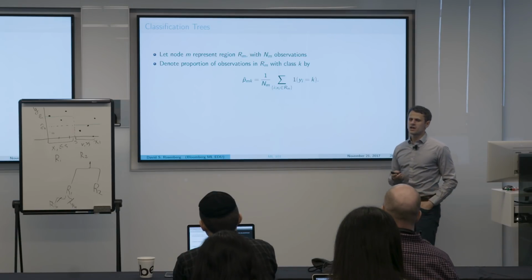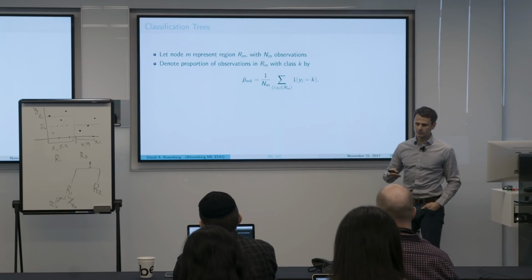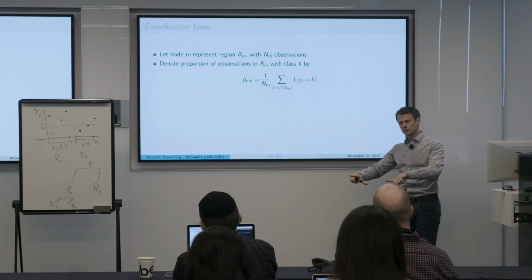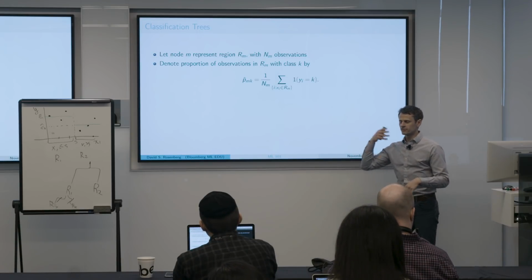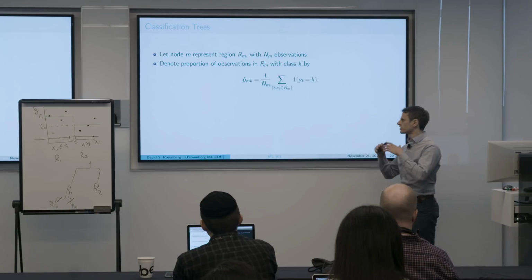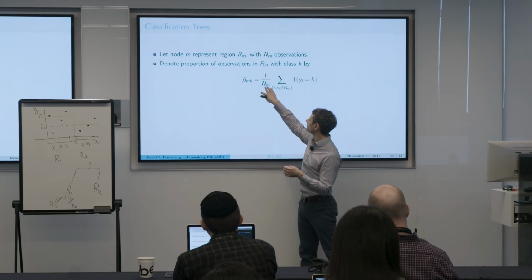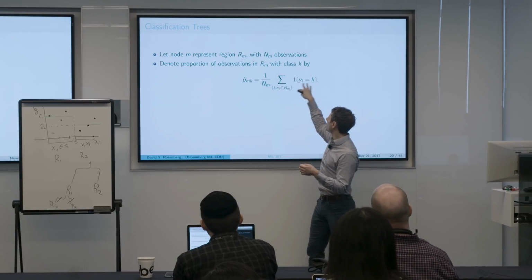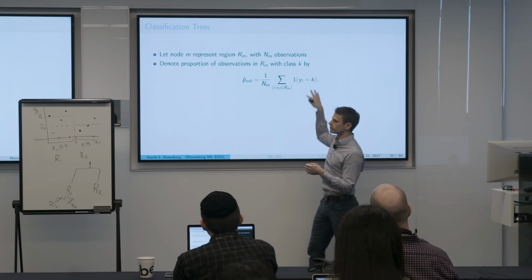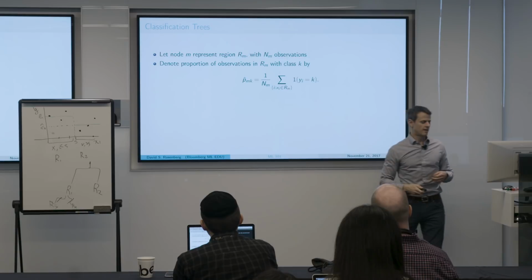So p hat mk is the fraction of training examples that fall into the region m that have class k. So among all training examples that fall into region m, that's n sub m, how many of them have class k? All right.